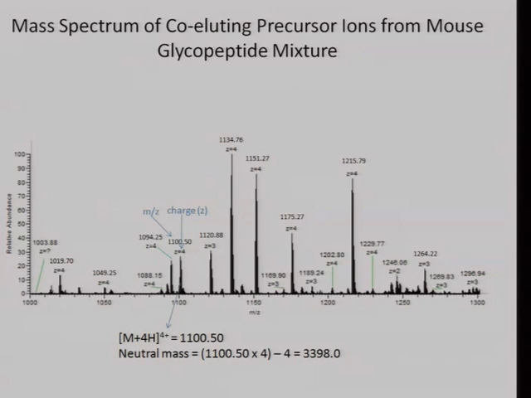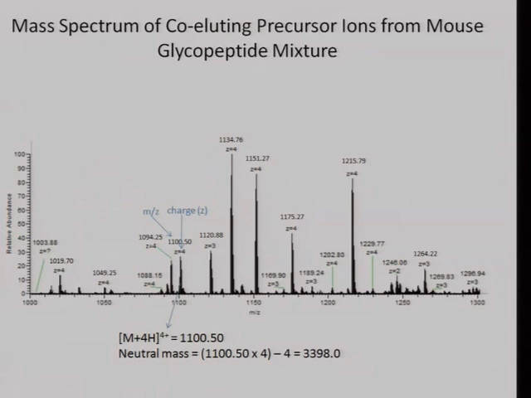And so this first slide here is showing a mass range of precursor ions that are eluting at this particular time point. So at this particular time point, each of these peaks, this one here, this one here, this one here, even the ones that aren't labelled, each of these correspond to a different peptide that is eluting at this particular time point.